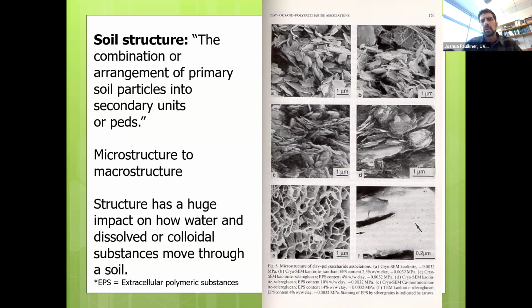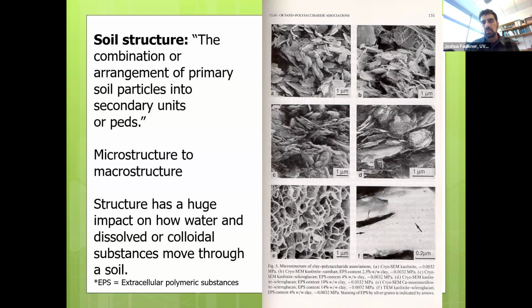And so I'm just showing some electron microscope images there on the right-hand side of your screen of microstructure. If you think of those constituent particles, those sand, silt, and clay, you think, oh, it's just this inert stuff, and it's all just stacked into the matrix, and it doesn't really have any structure beyond those particles. But even at the micro level, we have plating occurring, we have webs of mineral particles that form.